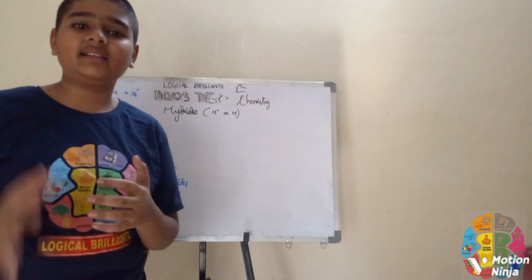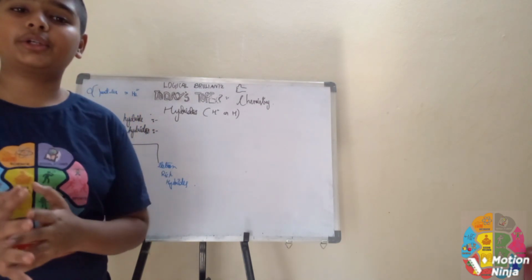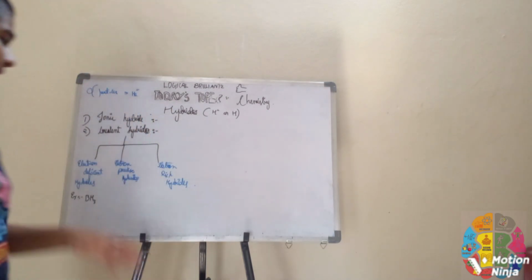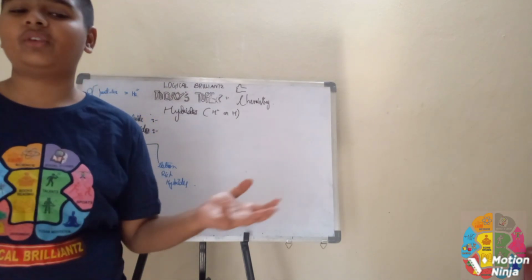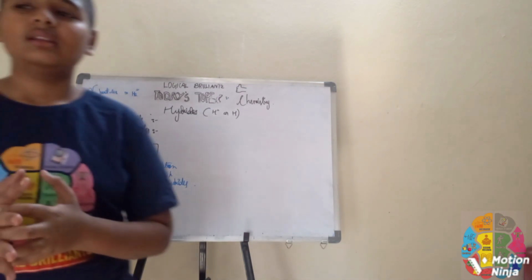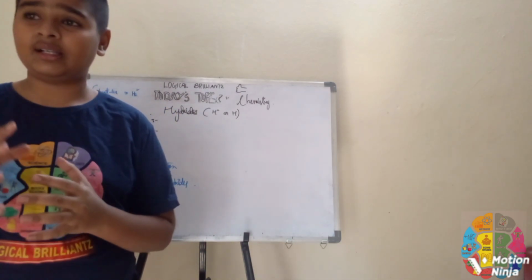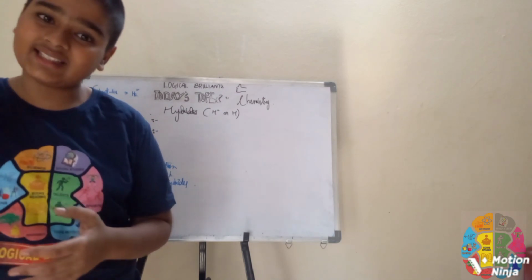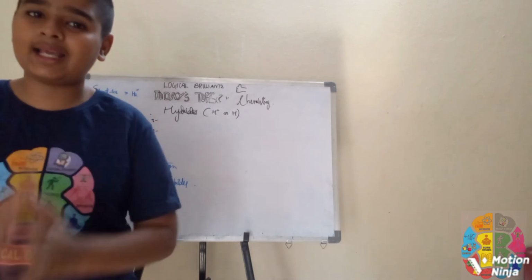When the central atom of any hydride is unstable due to the deficiency of electrons, then those hydrides are called electron deficient hydrides. And electron precise hydrides: when the central atom of any hydride has exactly the electrons it needs, it is stable.